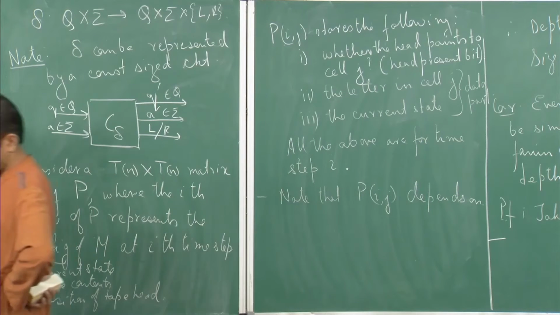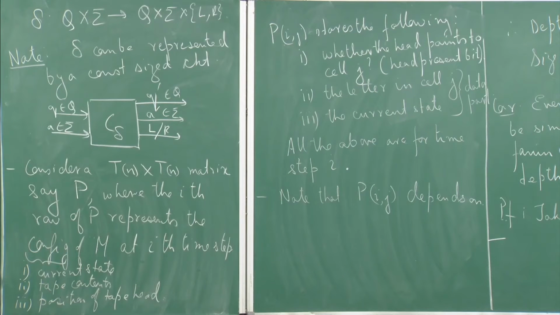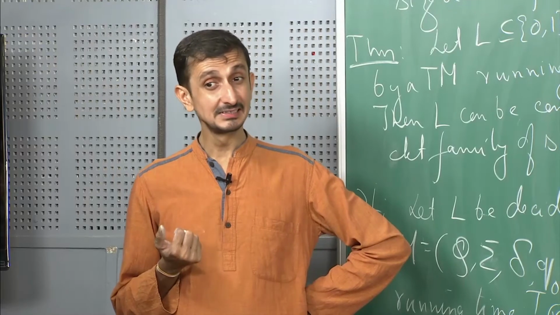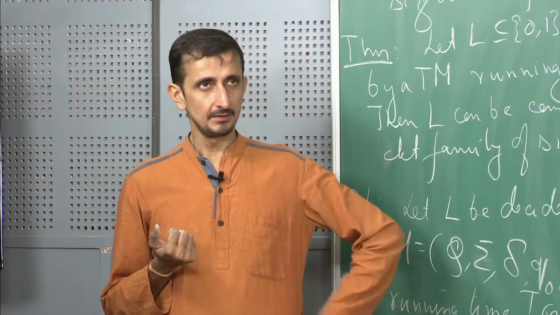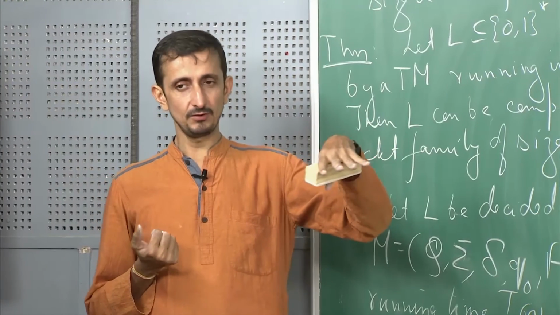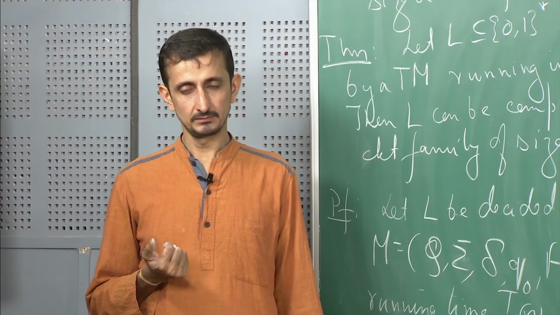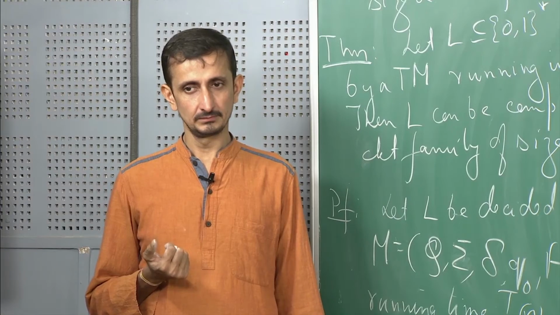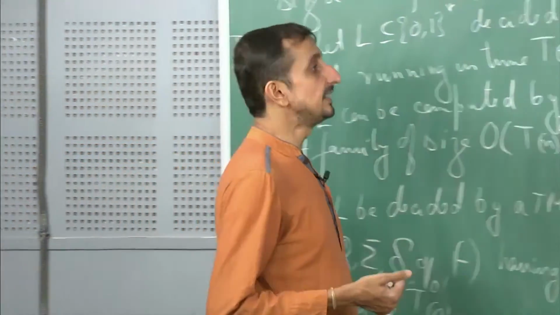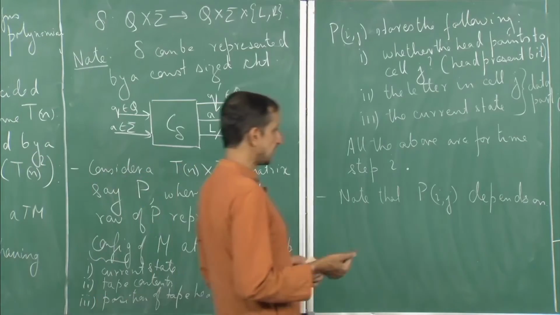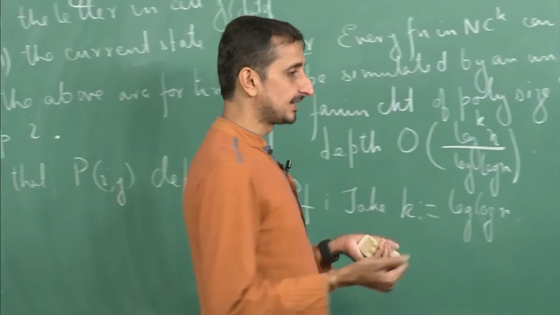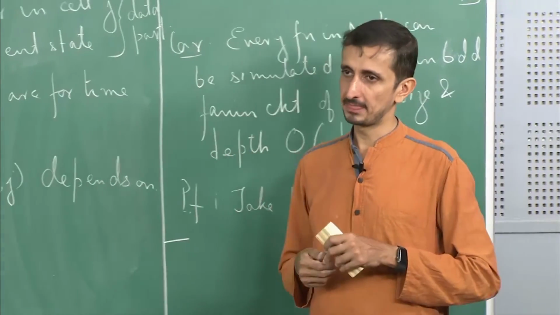What does an entry of this matrix depend on? P_(i-1), that is the previous row, and so in terms of the matrix, P_ij will depend on which cells of the matrix?